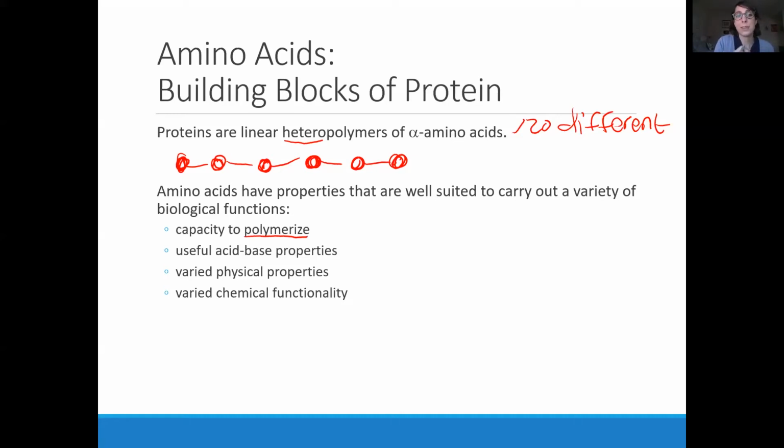They also have different physical and chemical properties and functionality that is important within the body. And remember, this is just for the amino acids by themselves. So singularly, not as part of a protein, amino acids also do some chemistry and biology.